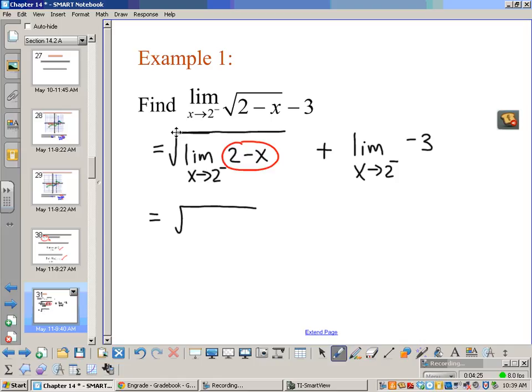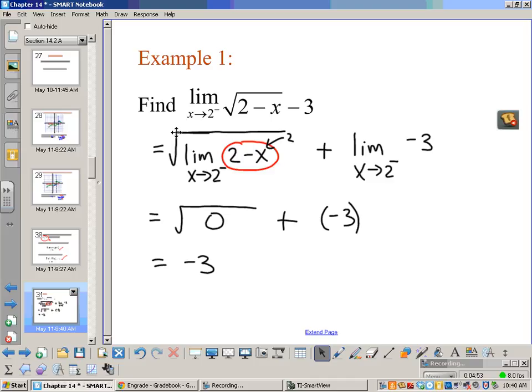So the limit of the function 2 minus x as x approaches 2 from the negative side, I just plug in 2, and that gives me a 0, giving me the square root of 0 plus the limit of a constant, -3, and we know that's just going to produce a -3. So the square root of 0 minus 3 is going to give me -3. It looks like in this case that the limit is going to be -3.